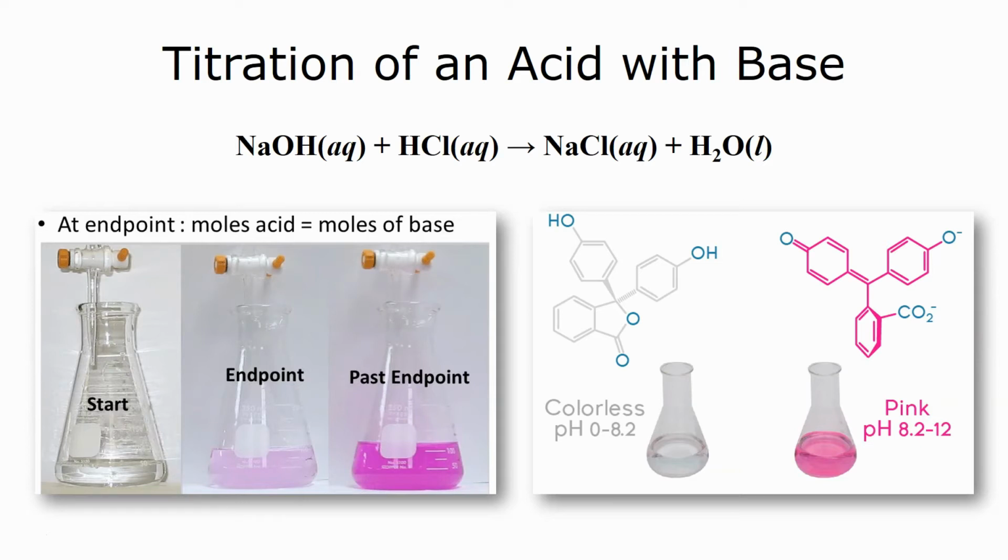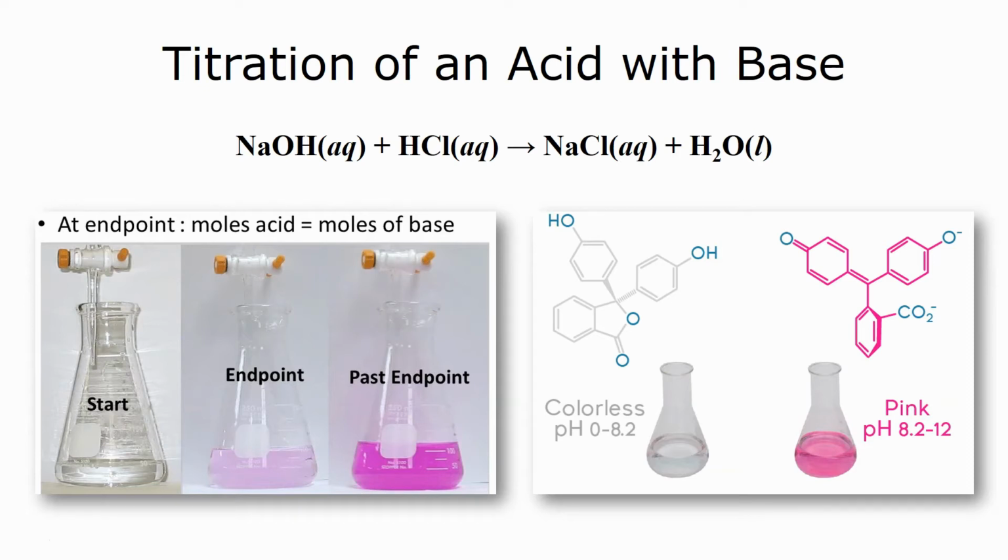Now, as you add sodium hydroxide, eventually you're going to consume all of your hydrochloric acid. And then a very minute quantity of sodium hydroxide will be added. At that point, you will reach your end point, and the solution will turn just slightly pink.